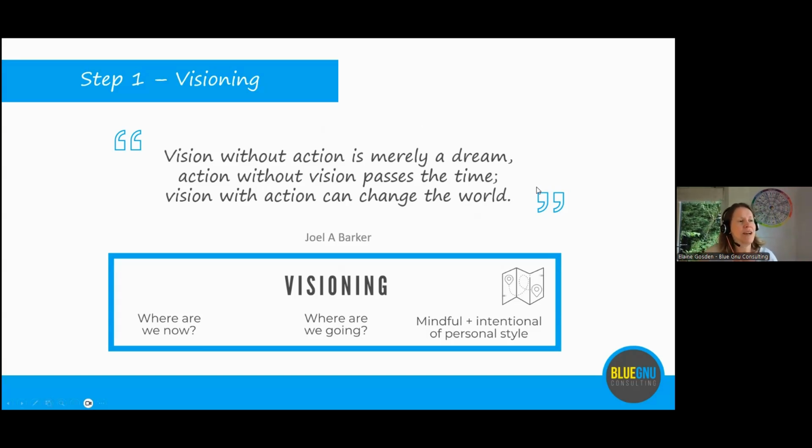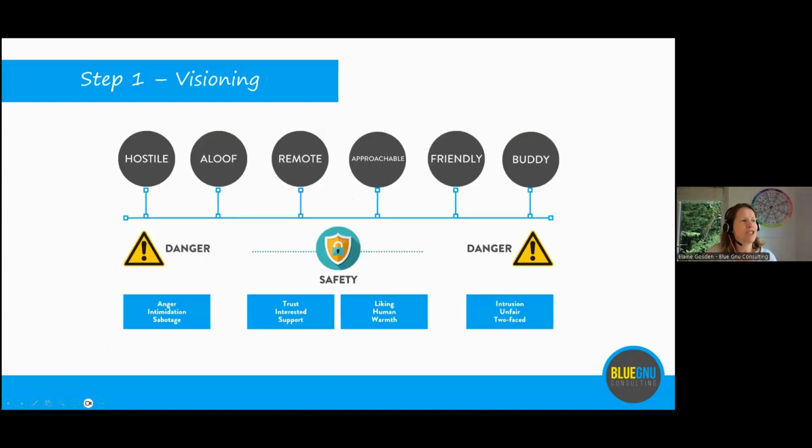So with that idea of being mindful and intentional about personal style, I want to share another thing that we would potentially use in one of our workshops, which is this range of styles. Many leaders and managers can often choose a style by accident because they're probably not looking in the mirror.